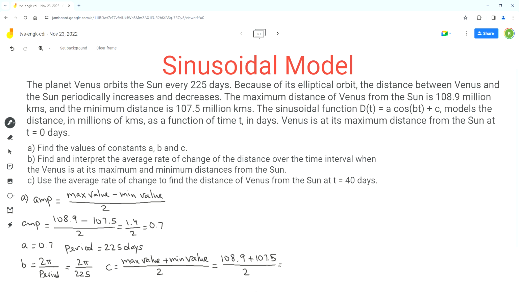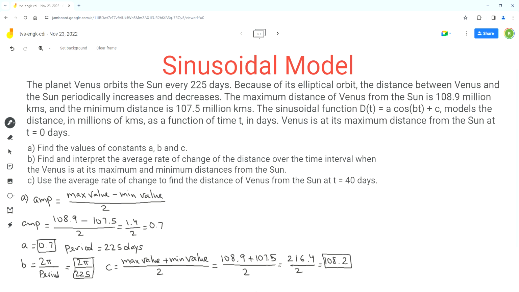Now we can add the numbers in the numerator. So we get 216.4 over 2, which is equal to 108.2. So this is the final answer for the value of C. These are the steps you have to keep in mind to answer part A.